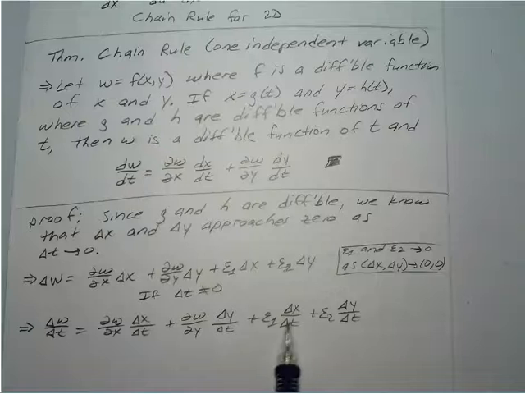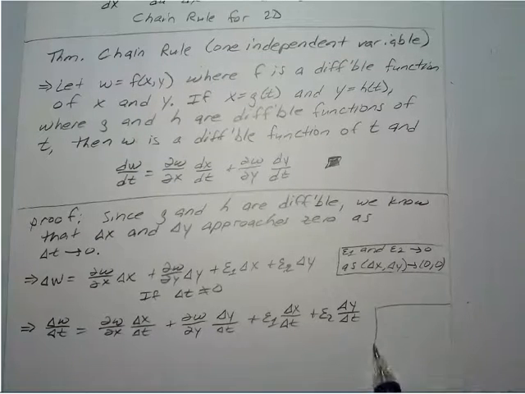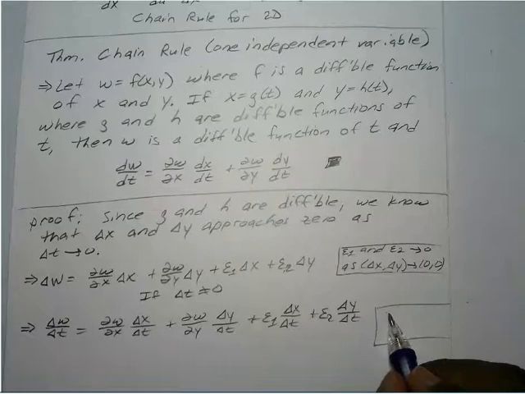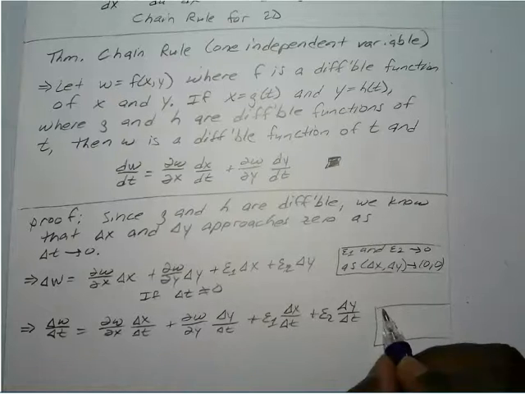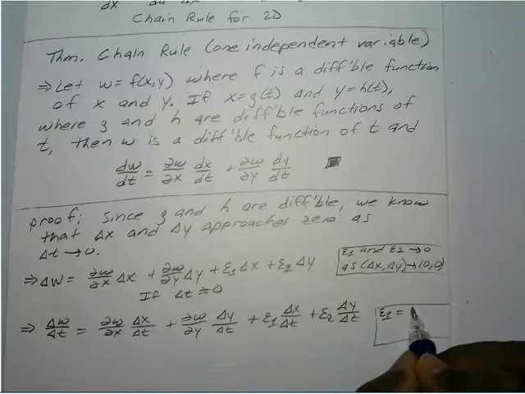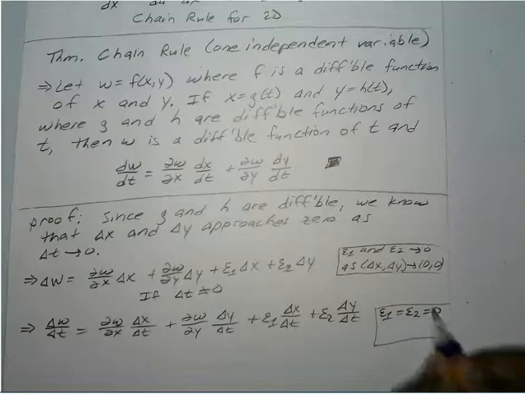Now your epsilon values are usually there to account for error, but we're going to assume that we're looking for the exact value, so they both equal 0.